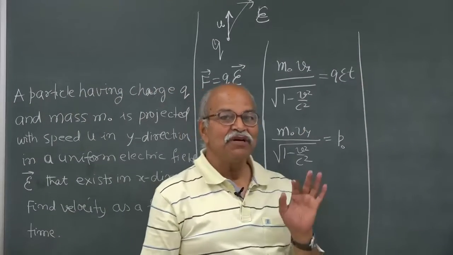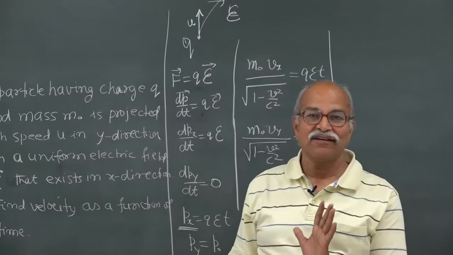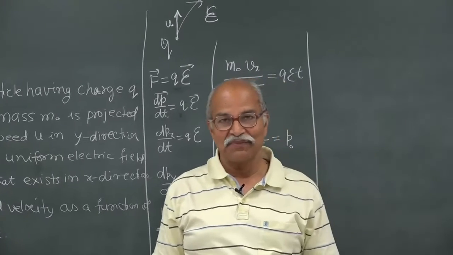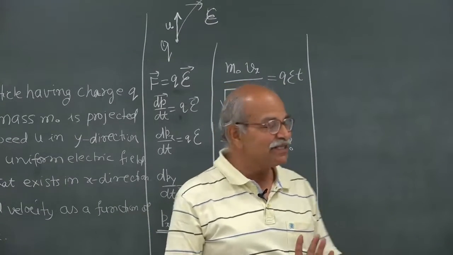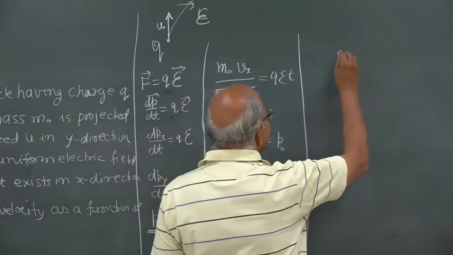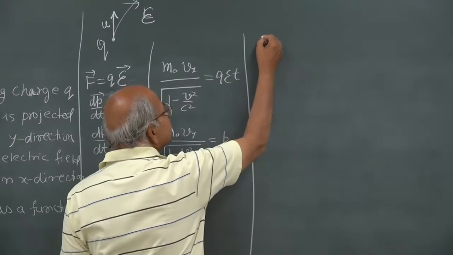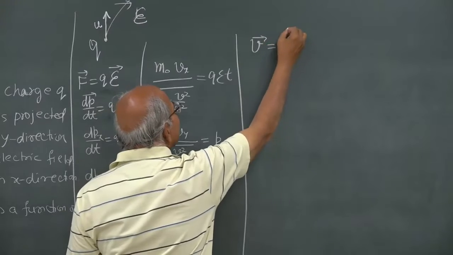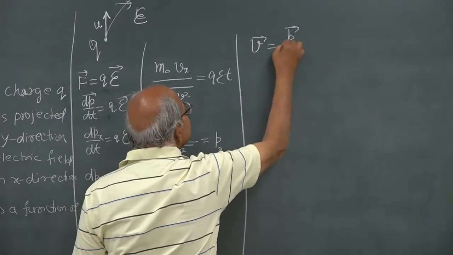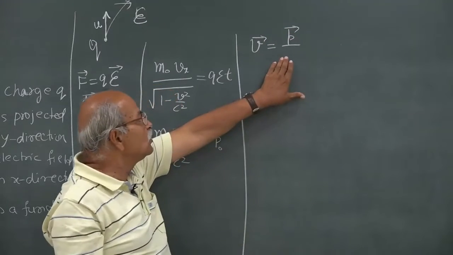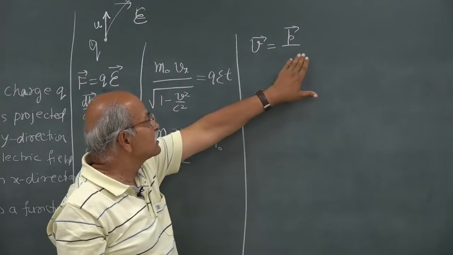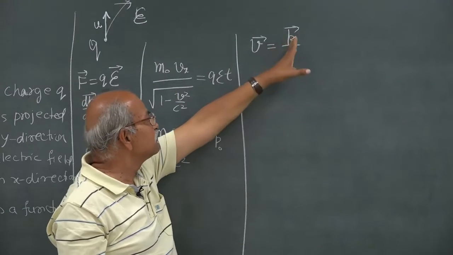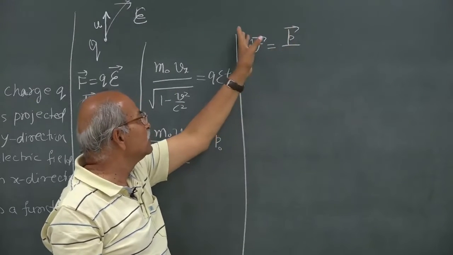Now, I am going to give you a very useful technique in solving such kinds of problems, and that is, use this relation. If you want to write velocity, this is p divided by m naught gamma, the relativistic mass, v, that is the definition, p is equal to m naught v gamma.